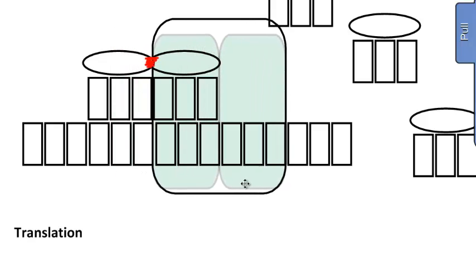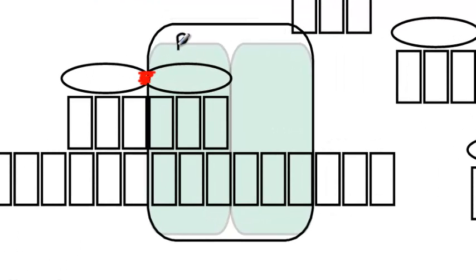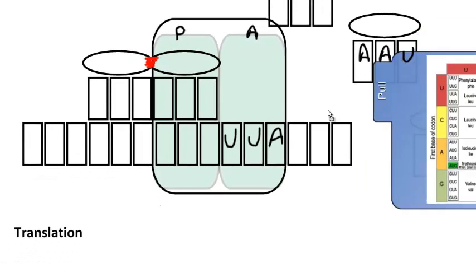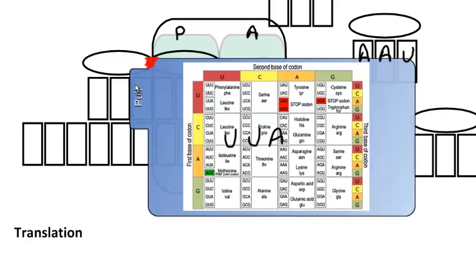So now this P site up here is holding the growing polypeptide chain. The A site always gets a new amino acid. Let's do another one. Let's say this next one is UUA, which means the anticodon for UUA would be AAU. We need to check what the amino acid is for UUA.